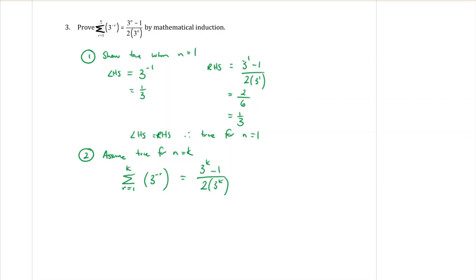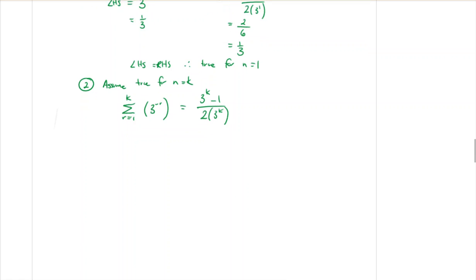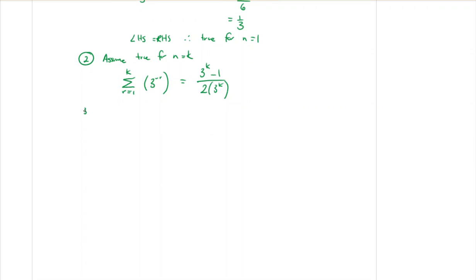So just rewriting that to help us with step 3, which is where we want to prove true when n equals k plus 1. So we want to rewrite our statement. If I now want to sum all of my terms starting with 1 all the way through to k plus 1, that will now be my last term.